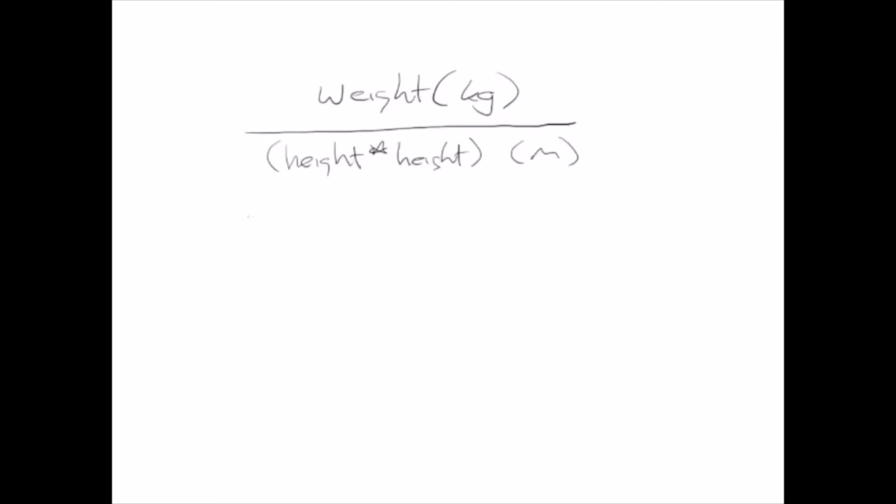Now, right away you'll notice there's probably two problems here. The first one is we need the weight in kilograms, and the other one is we need the height in meters. Sorry, that's what we need them in. We're getting them from the user in pounds and inches. So we need to do some sort of conversion here as we go. I can tell you that to go from pounds to kilograms, we multiply by 0.453, and there's a few more digits, but that's a basic equation.